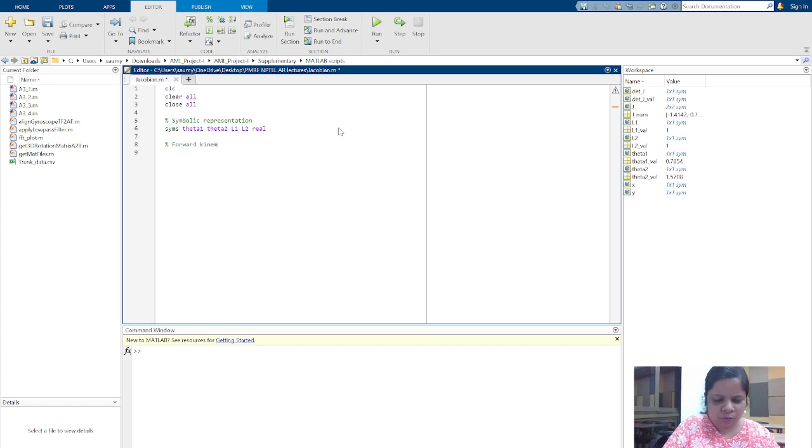because that is what we already know, right? We can directly plug in here. So what is x? x is given by L1 cos theta 1 plus L2 cos of theta 1 plus theta 2.